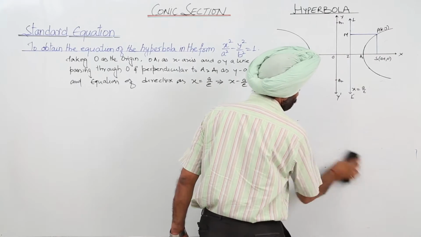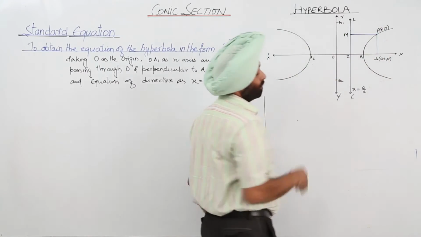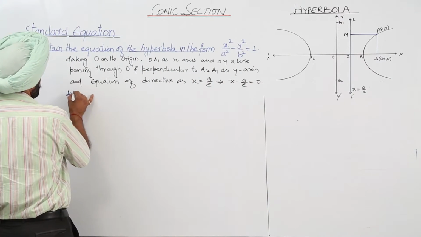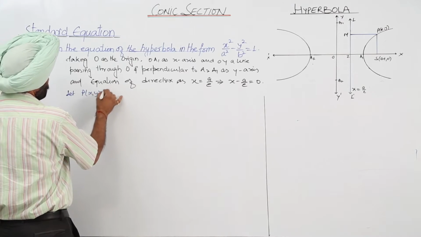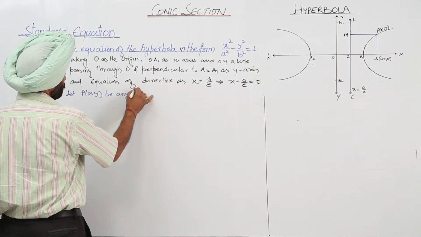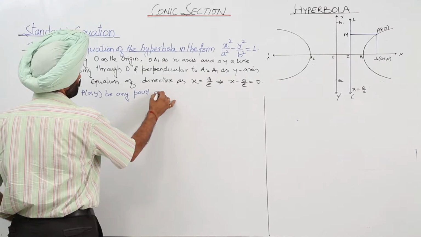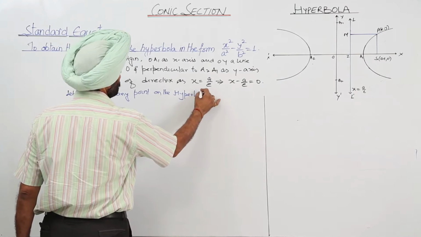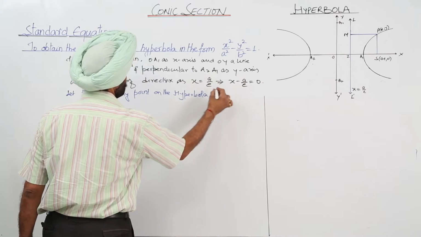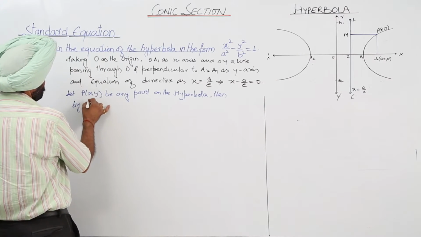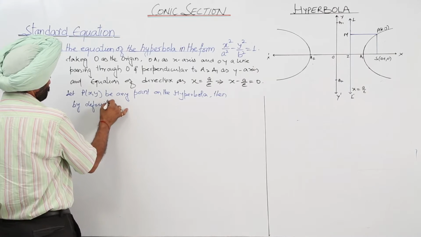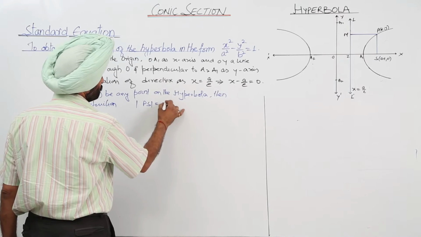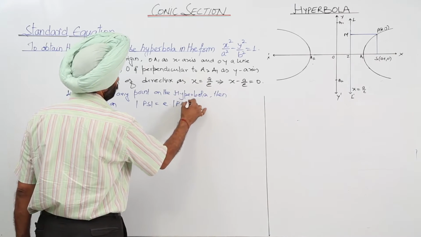Now taking any point P on the hyperbola, we have already drawn P here. Let P(x, y) be any point on the hyperbola, then by definition, PS is equal to E times PM.